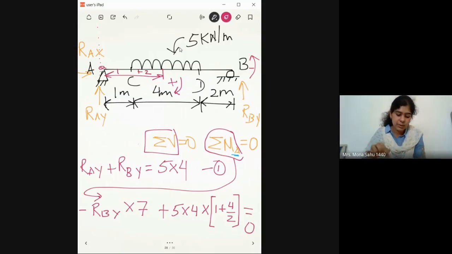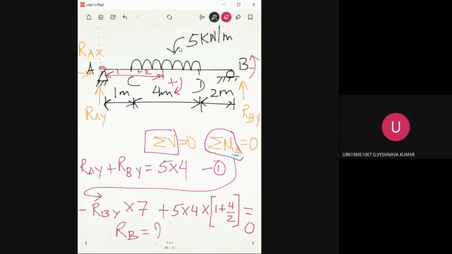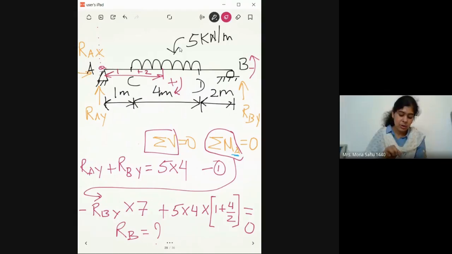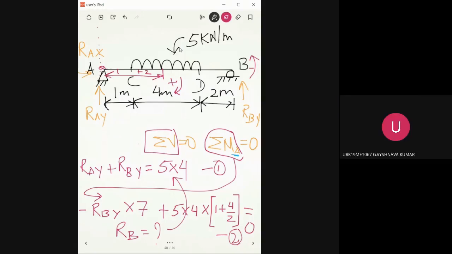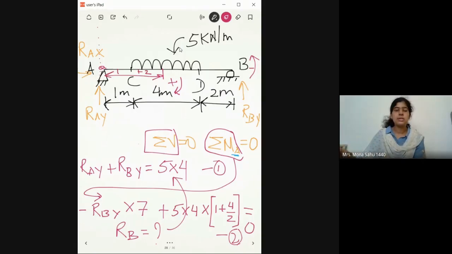So with this equation, can you find RB? Can you guys find RB? 7, ma'am. Yes, ma'am. Okay. And using RB in equation number 1, this is equation number 2. In equation number 1, can you find RA? 80 by 7, ma'am. Yeah, so you guys can solve it. I'll give you 1 minute time.